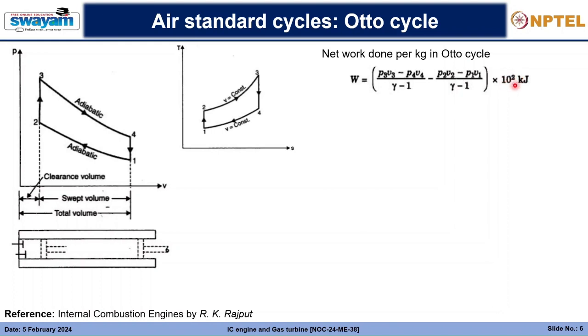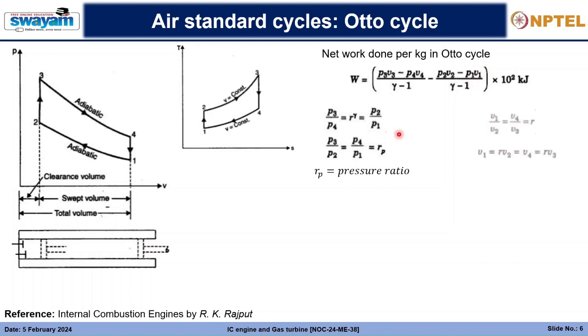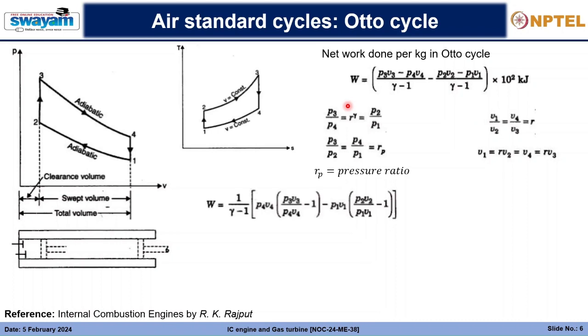This is what the book follows, but be careful with the units, and eventually the unit of V1 should be meter cube, and since it is per kg, so meter cube per kg, right? So that's how this is coming, and due to the adiabatic relationship we can get this, and again with simple thermodynamics we can get all those ratios, and finally we plug into this equation like this.